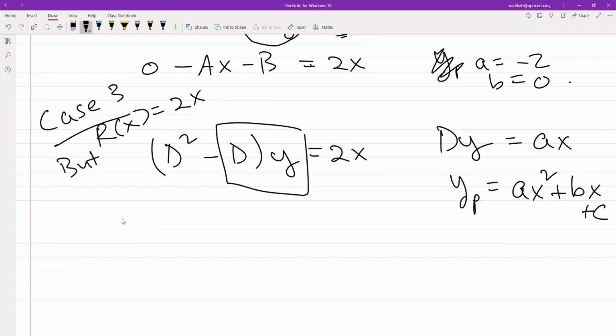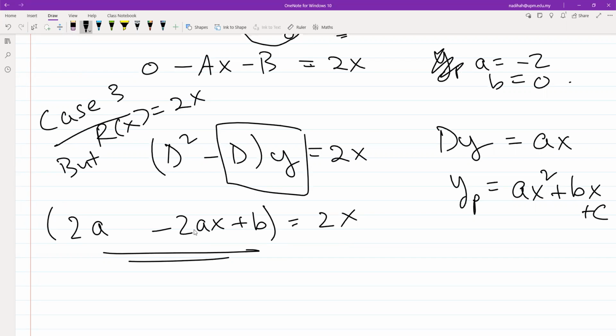So kalau saya buat ax squared, first derivative dia adalah 2ax plus b. Then second derivative dia adalah just 2a equals to 2x. So saya boleh buat kat sini semua, cari nilai, cari a sama berapa, b sama dengan berapa.